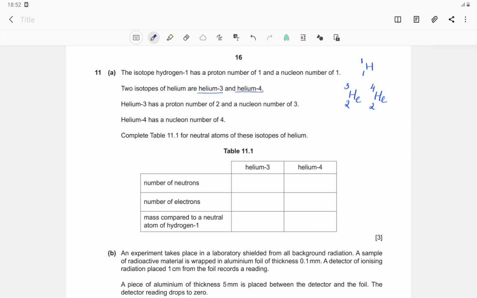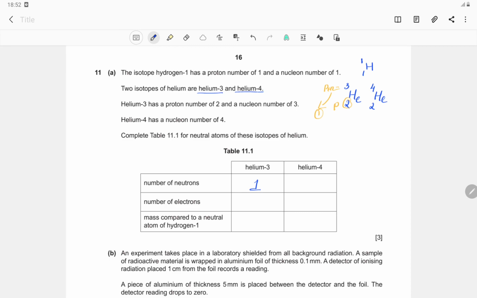So you need to write down the number of neutrons in helium-3. In helium-3, as you know, the number of protons is 2 and the number of nucleons represents the number of protons plus neutrons, that is 3. So the number of neutrons must be 1. Then only you will get 2 plus 1 is 3. So you can write down the value 1.